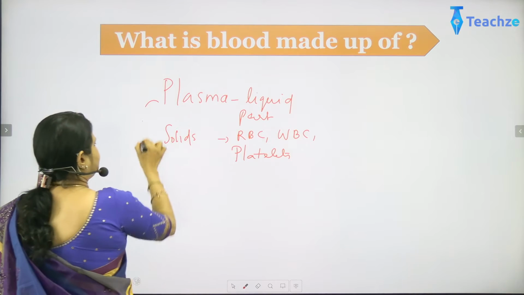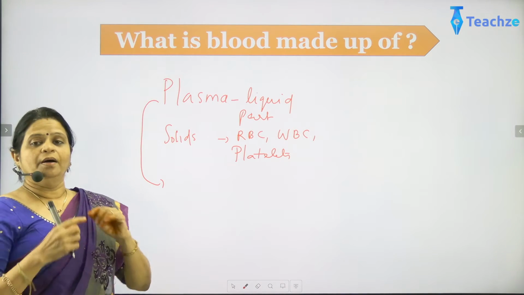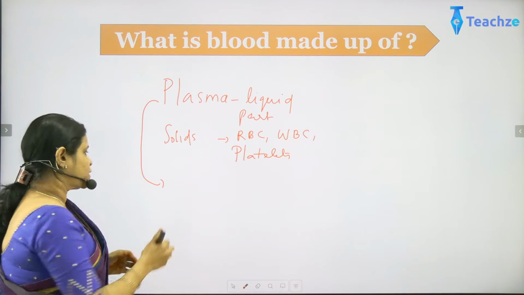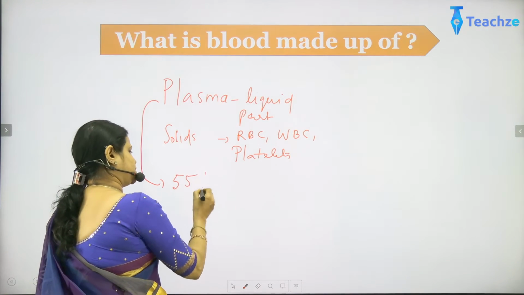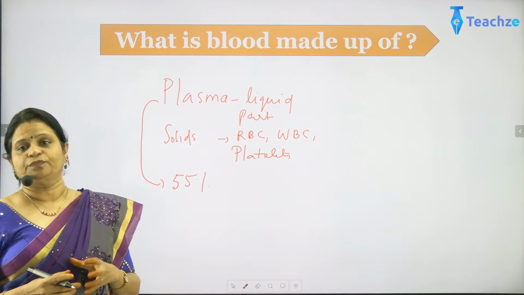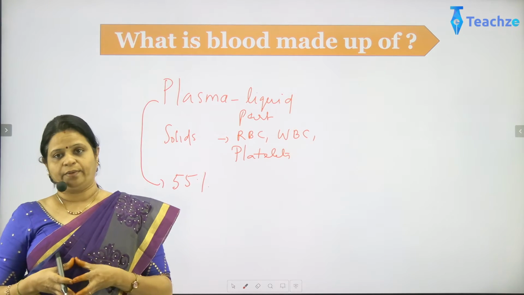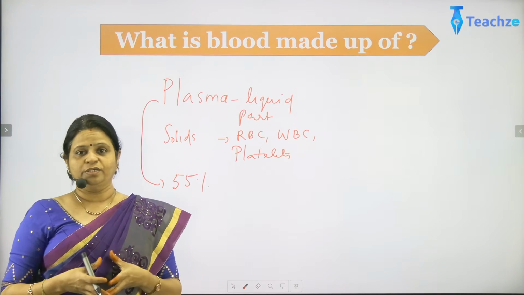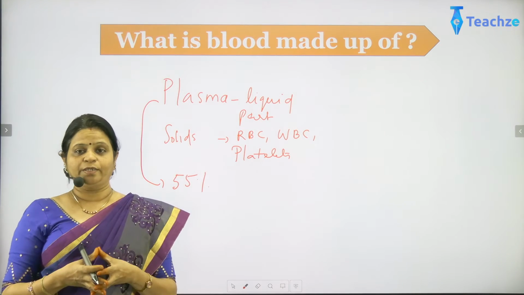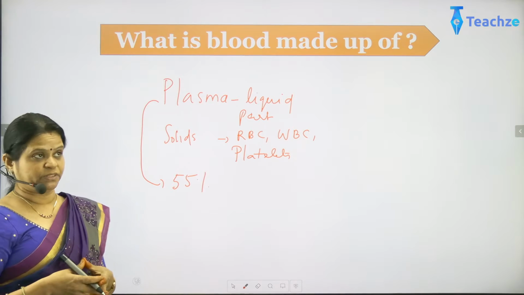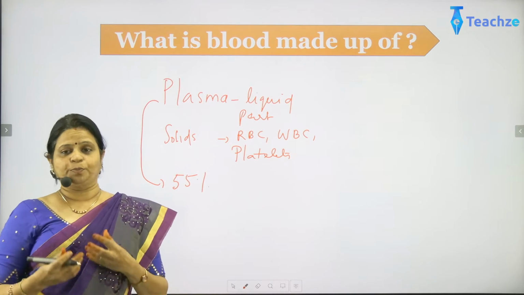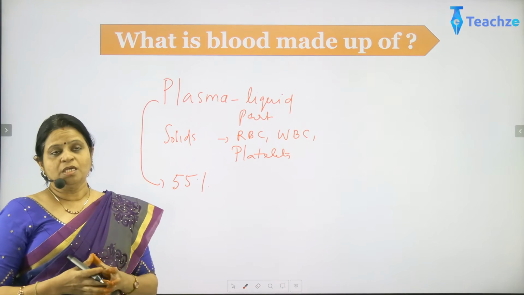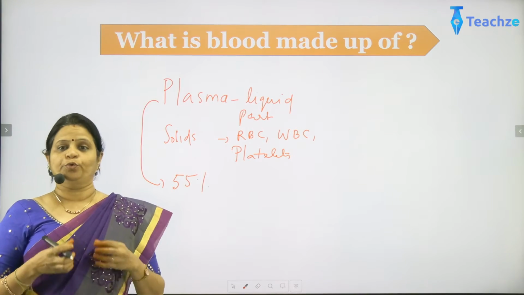Now, what is this plasma we are talking about? Plasma is a straw-colored liquid and it takes up almost 55% of the entire blood. That is, 55% of the blood is made up of this straw-colored liquid which is plasma. What is the function of this plasma? Plasma is the factory to store all the substances which are necessary either for transportation or for clotting. Plasma is made up of proteins.